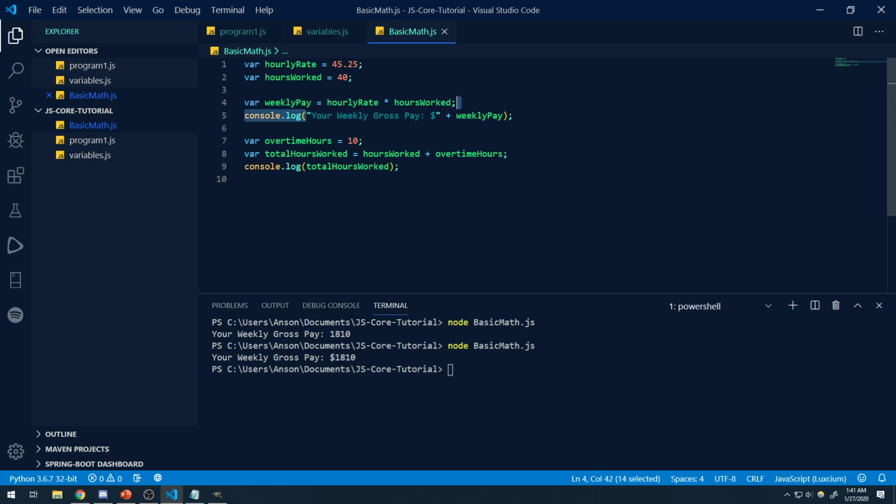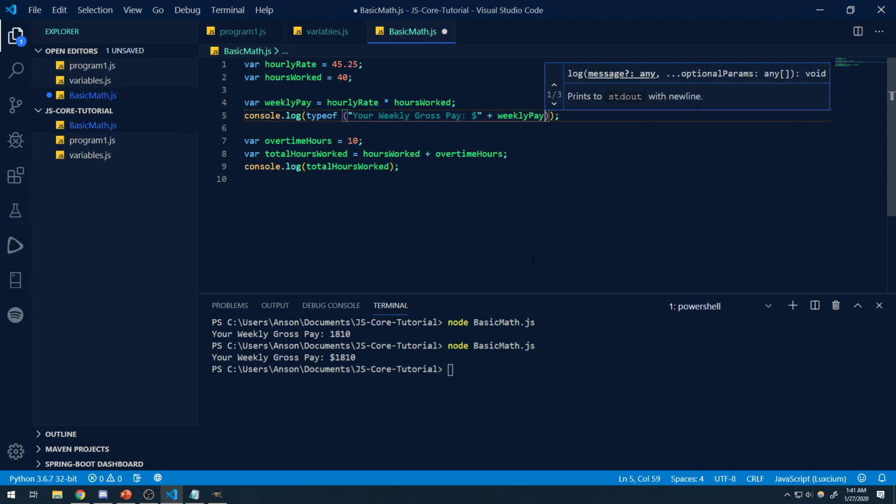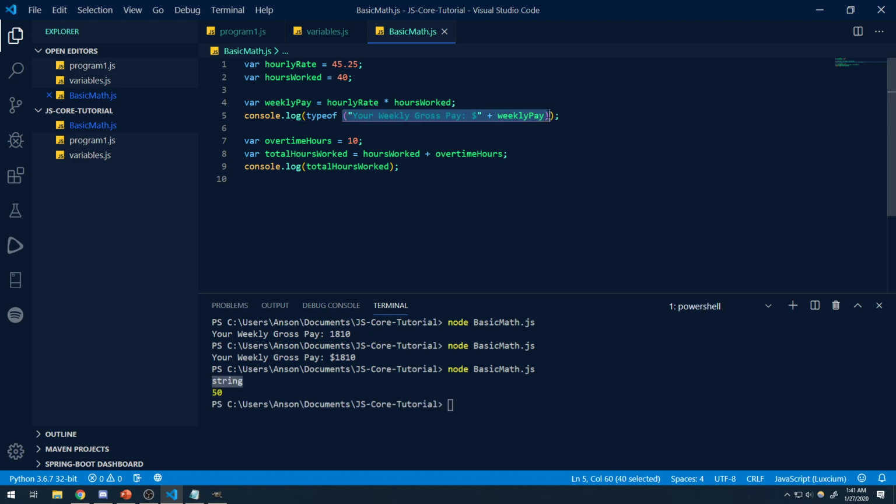Okay, and if you want to be a little bit more precise, maybe we could do something like typeof this, wrap this in parentheses, and if we do node basic math.js, you're going to see the type of this final result ends up being a string because the engine itself is using type inference. It's concatenating the string with this numeric value to produce a result of a string.